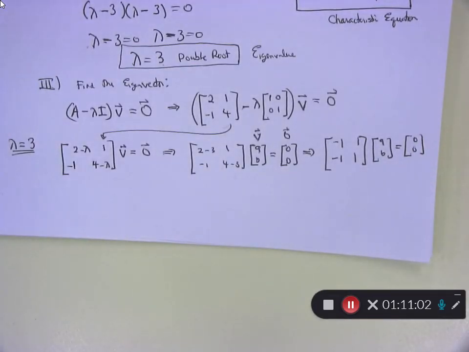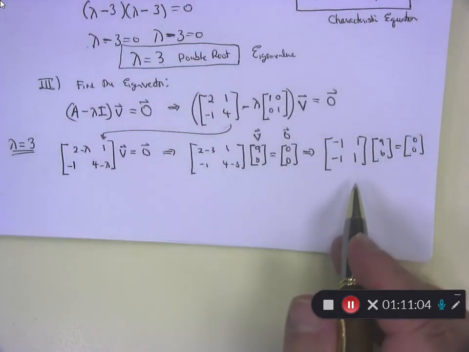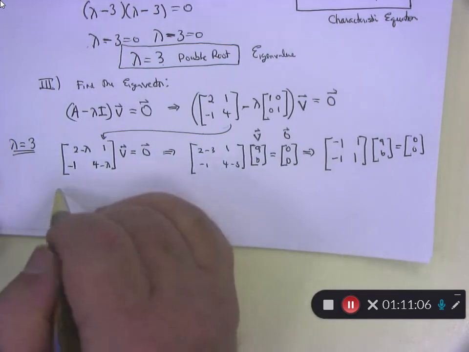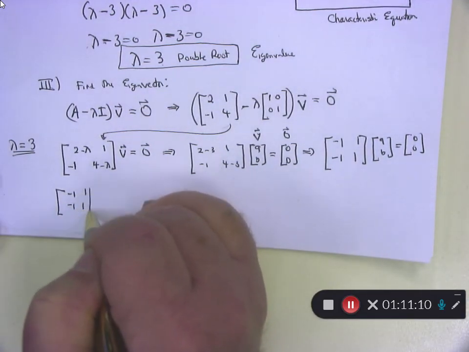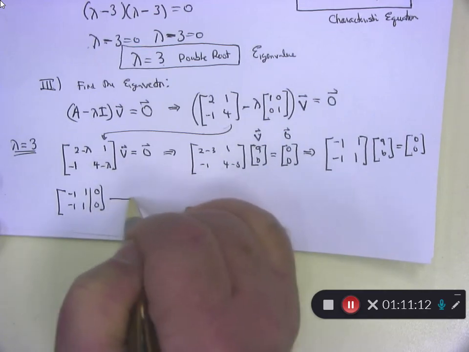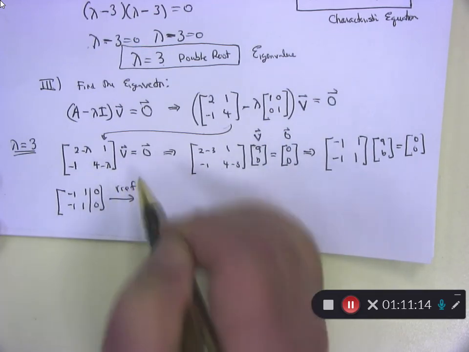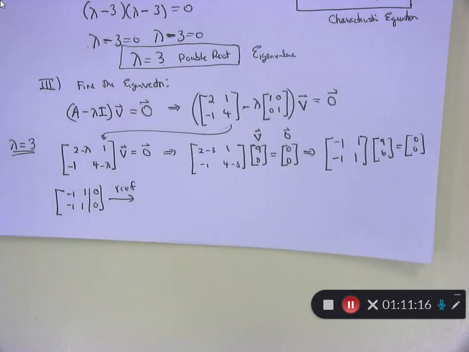Does that make sense? How would you solve this guy here? Augment the matrix. Negative 1, 1, negative 1, 1, augment with 0, 0. I'm going to do reduced echelon form, but I want you to look at this thing and tell me one thing. Look at the first row, look at the second row. What do you notice? Same thing. When I do reduced echelon form on this thing, can you put this in your notes?